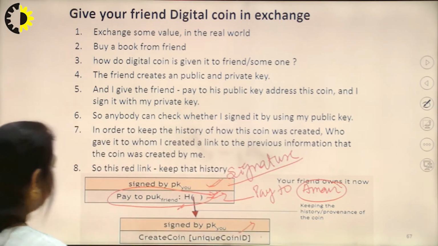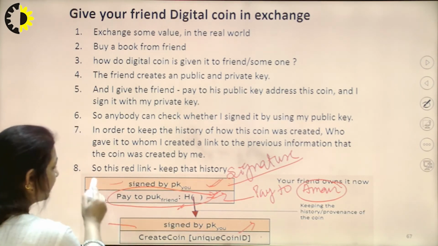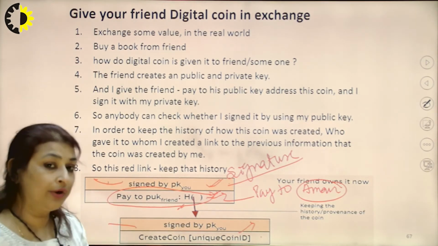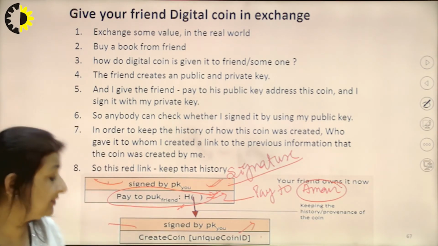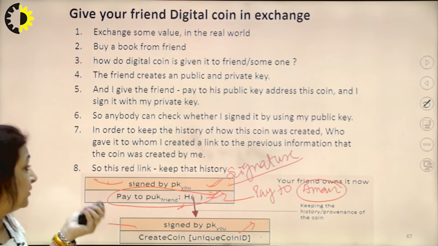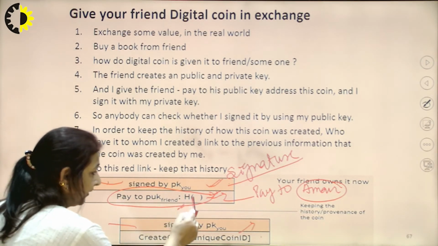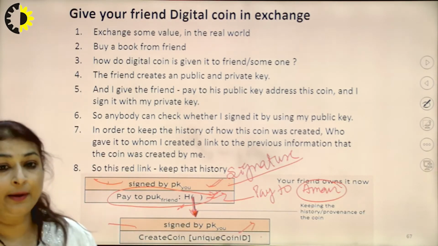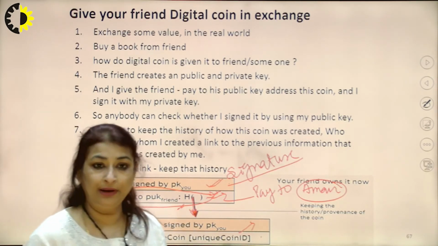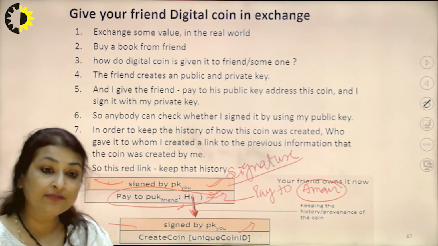So now here I am doing authorization. Authenticity is being done by signing it by private key, and authorization to whom we are sending it is given by the public key of that particular person. So now this particular red link, we have created a hash function here when we were encrypting this particular function by the public key. While I was encrypting with the public key of the friend, I have generated a hash.